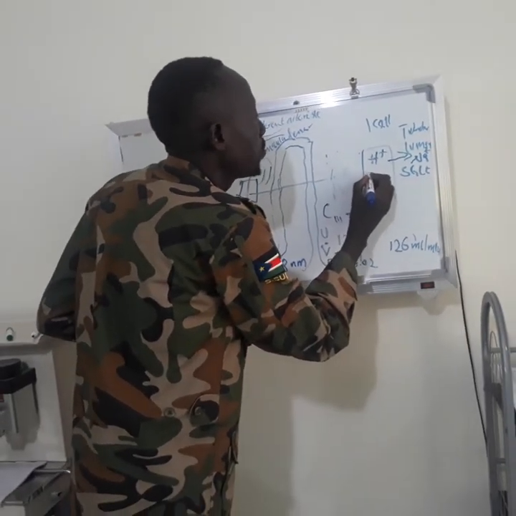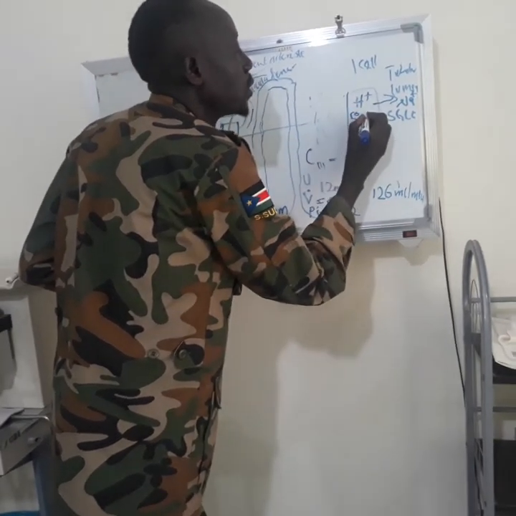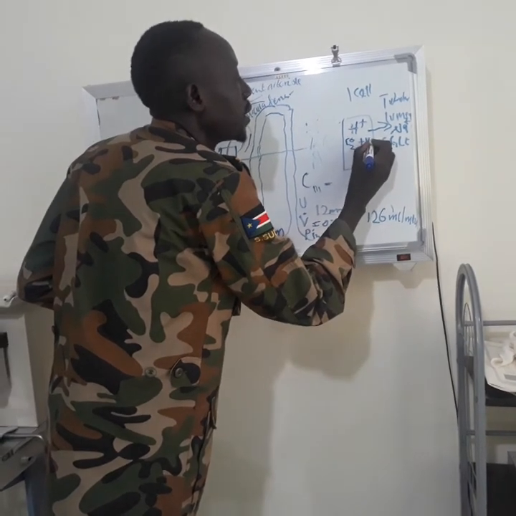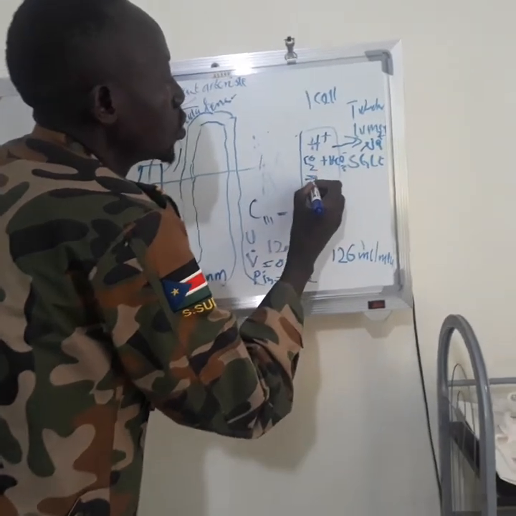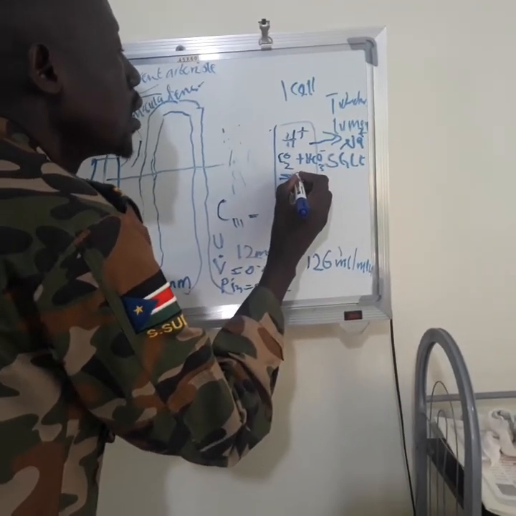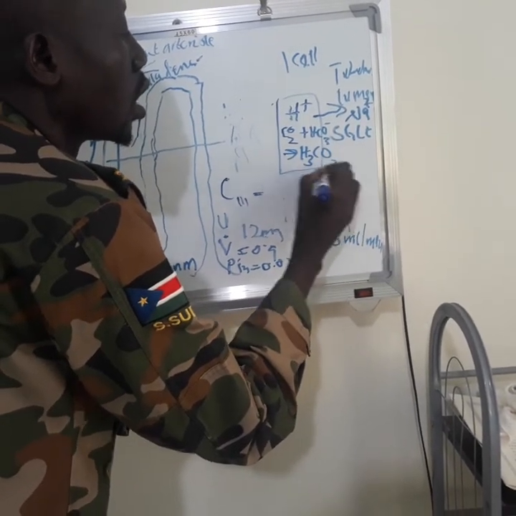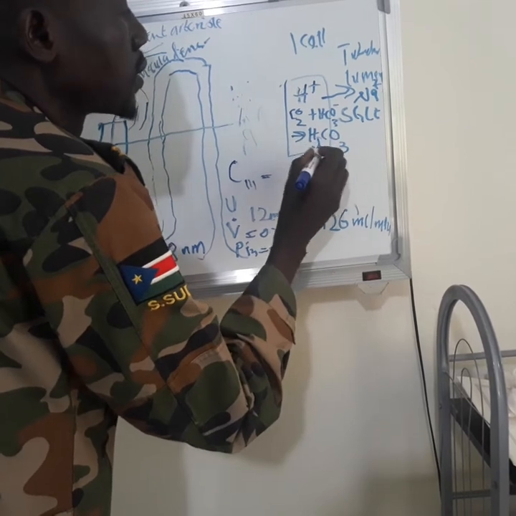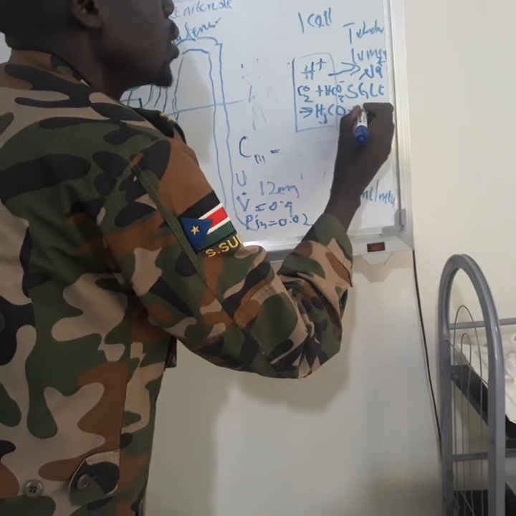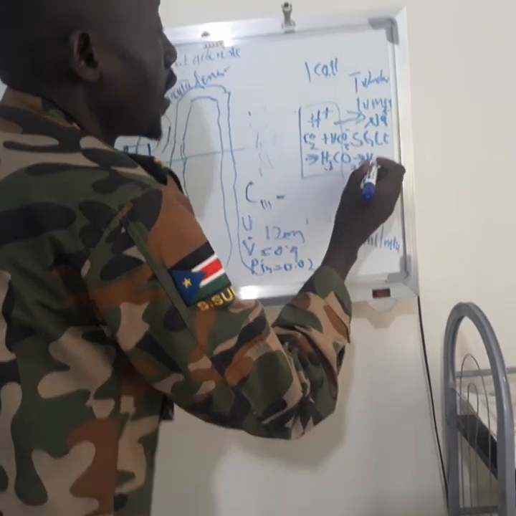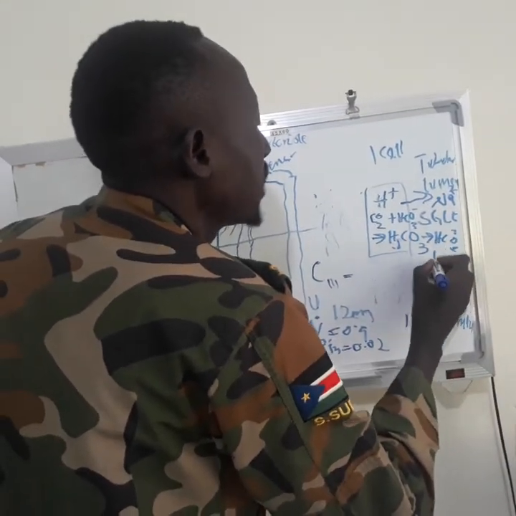Inside the cell, you have carbon dioxide coming from metabolism, plus water. This gives you carbonic acid, and carbonic acid dissociates into bicarbonate and hydrogen ions.